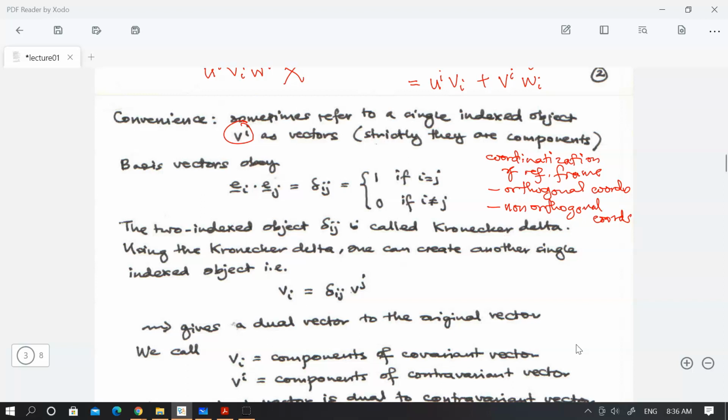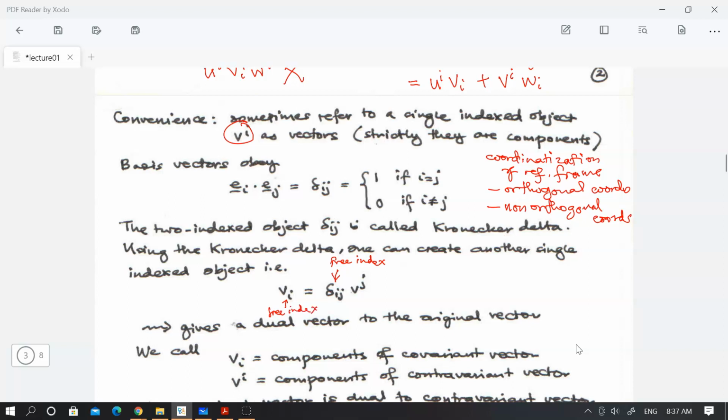But I have an index i. This is what we call a free index. It's not being summed. So that free index should also appear on the other side, the left hand side. So this is a free index.